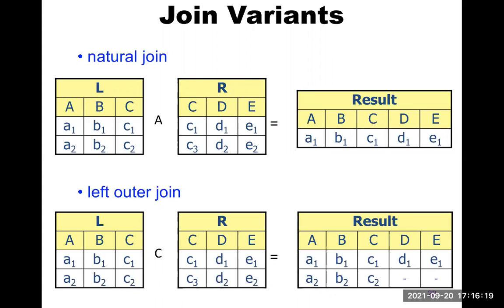Let's say I have people who perform some tasks, and they have tasks performed in the second table, and some people don't perform any task. So I have a person in the left table, and I want to find those persons who didn't do anything, who didn't perform a task.